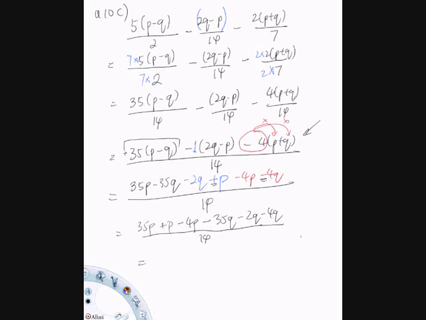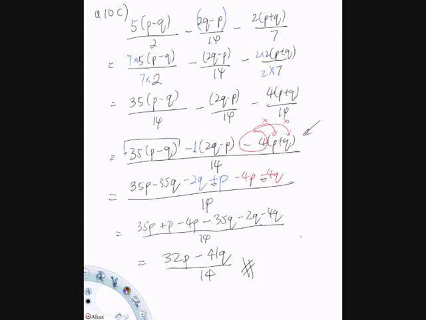So we simplify by merging the like terms together. 35 plus 1 is 36, 36 minus 4, you get 32p. For the group of q, we have minus 35, minus 2, minus 4, and the answer will be minus 41q over 14. So this is the answer.